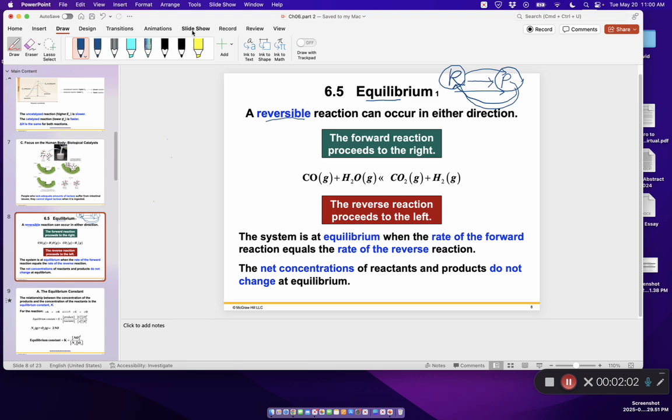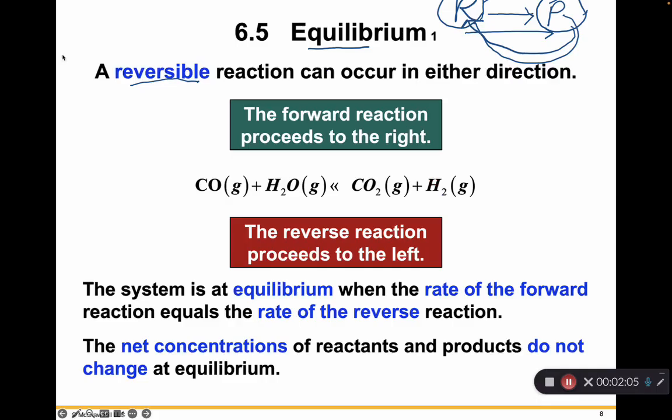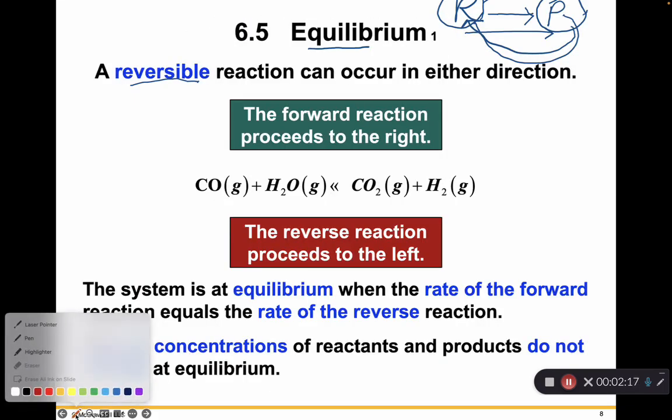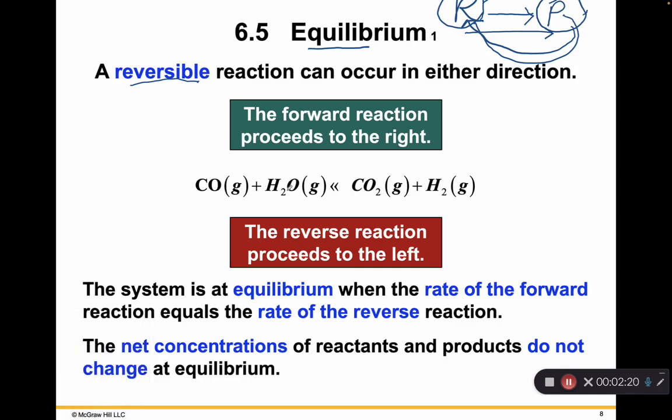Let me do the slideshow here. So let us suppose we have a reaction. I have here CO, carbon monoxide, reacting with water to form carbon dioxide and hydrogen gas. When the CO molecule and the water, these two reactants, combine and form the product, we call it the forward reaction.